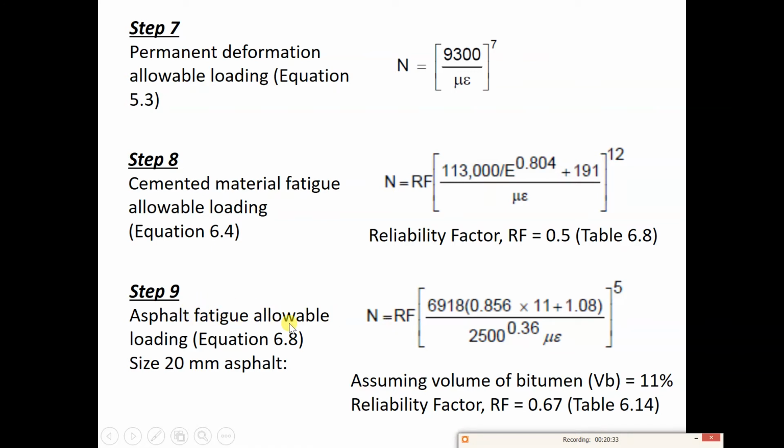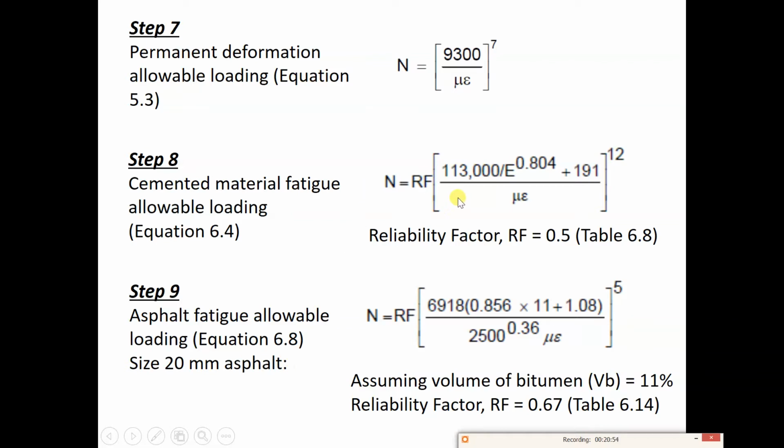And the asphalt is this expression to the power of 5. In this case, we're going to assume the volume of bitumen, VB, is equal to 11% bitumen, and the reliability factor equal to 0.67.